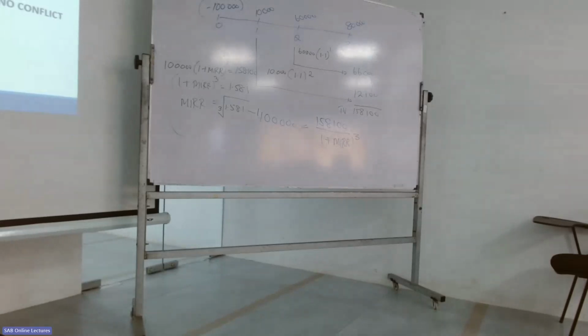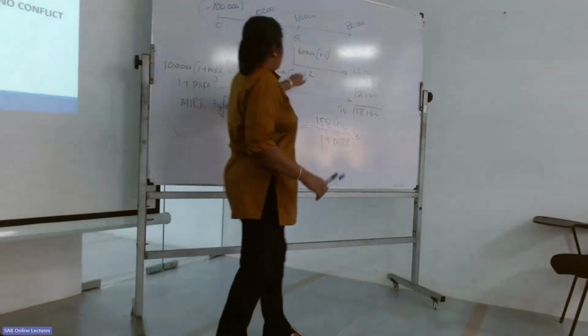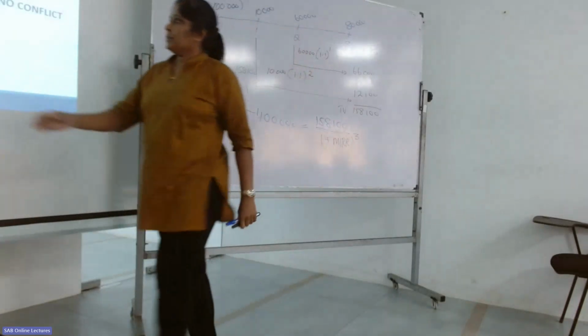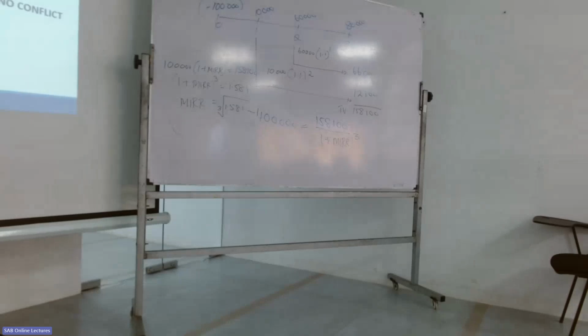Here the IRR is 10%. Instead of that 10%, using this 5% as the reinvestment rate, you calculate the modified internal rate. Then you can compare NPV and the modified internal rate.